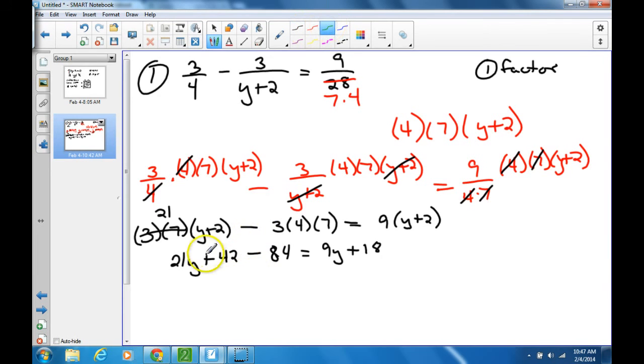Okay, so I can put these two together, right? So I'll have 21y minus 42 equals 9y plus 18. Hold on, 42 minus 84 is 42? Mm-hmm. Add 42 to both sides.